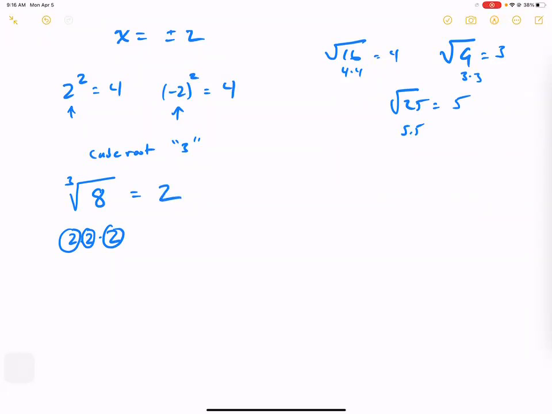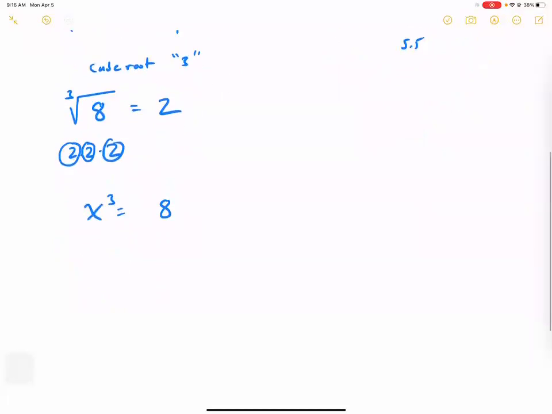Now, if I rewrote this and said x cubed is equal to 8, because we know 2 times 2 times 2 is 8, the way we undo this process is to use radicals. Let's write this on the next line. A cube root, this little 3 means I am looking for a set of 3, on both sides.